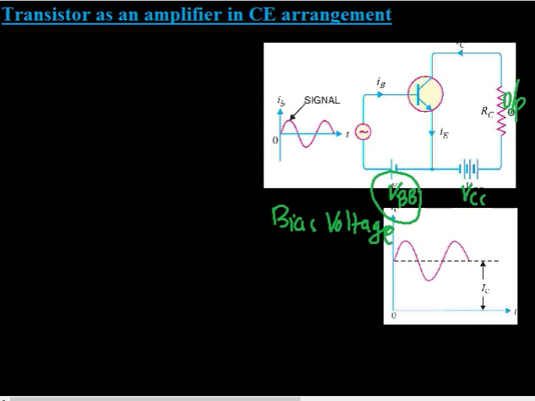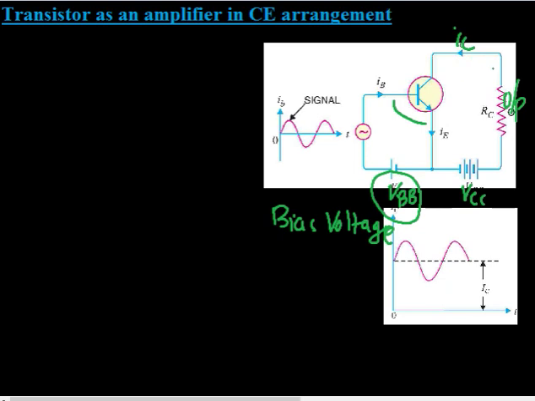Now, during the positive half cycle of this signal, the voltage across the base and emitter, VBE, will increase, which in turn will make more electrons flow from the emitter to the collector, which will increase the collector current IC.